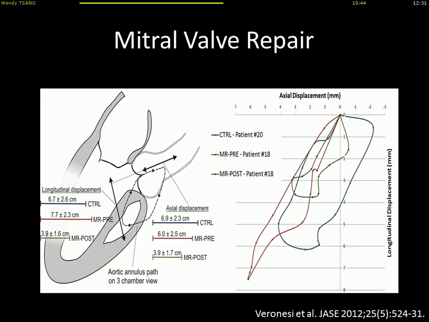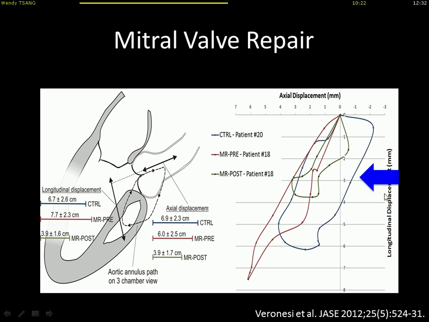Well, one of the things with the software you can do is look at, in this picture on the left, the motion of the aortic annulus. So here's a long axis of the left ventricle, so you've got your mitral valve over here and your aortic valve over here. And you can look at the longitudinal motion as well as the axial displacement. And when you look here, we have an example on the graph. Here's the axial displacement, and here on the y-axis is the longitudinal displacement.